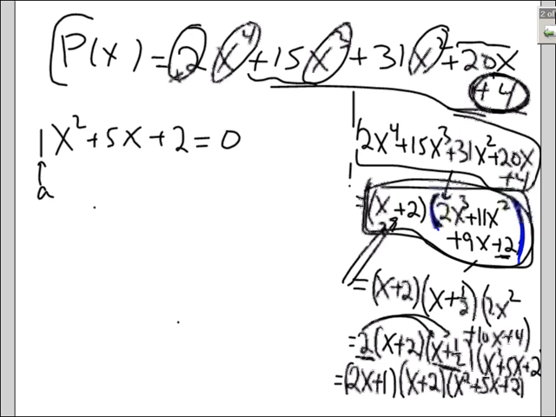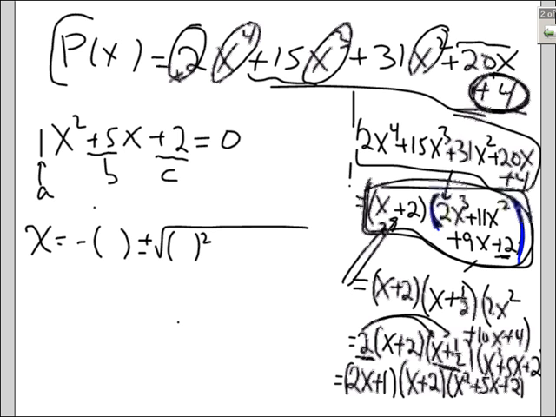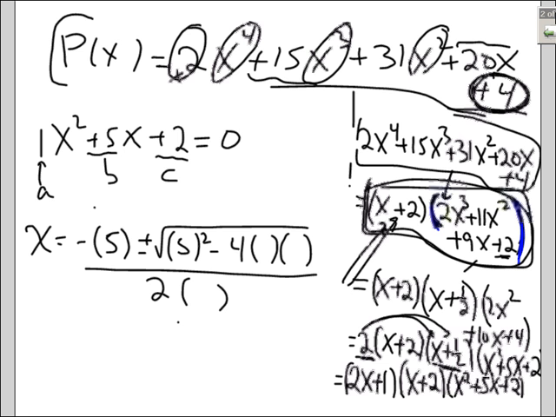That's A in the quadratic formula, that's B, and C is positive 2. So x is equal to negative b plus or minus the square root of b squared minus 4ac all over 2a. Now I plug in the values. It's negative b, b is 5. It's b squared minus 4ac over 2a.